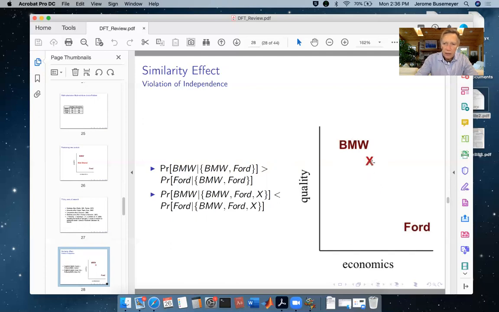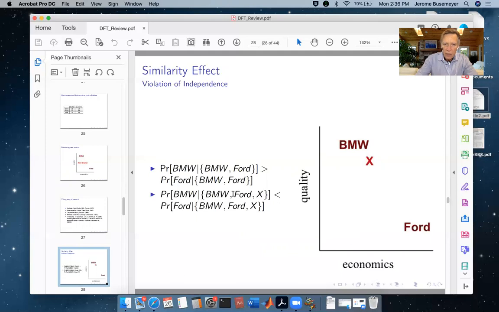Now X is designed specially, it's close to BMW. We reduce the quality a little bit, but we increase the economy a little bit, and so it's competitive with BMW, but it's similar to BMW. And so what happens now? The question is, how does it rearrange these choice probabilities? What we find in the similarity effect is that now BMW is chosen less frequently than the Ford in the triadic choice.